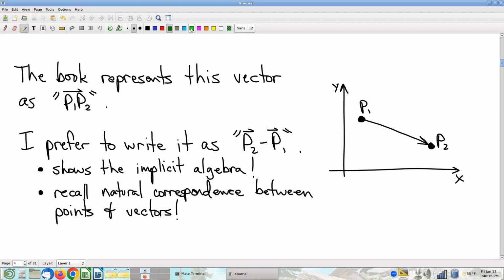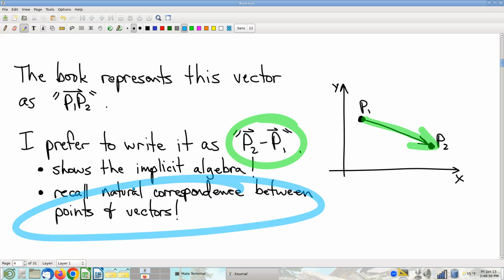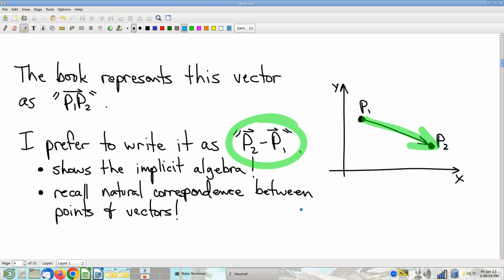The other alternative, and this is what I strongly prefer myself, is to write it as a difference: P2 minus P1. Keep in mind there is this natural correspondence between points and vectors. When we say P2, it is drawn on the picture as a location, therefore a point.